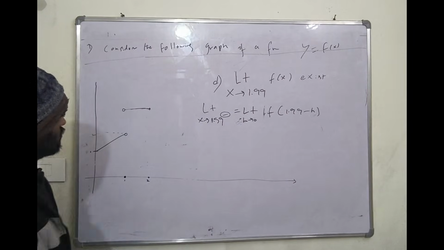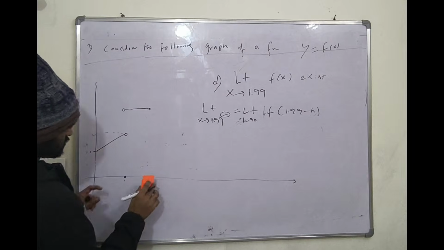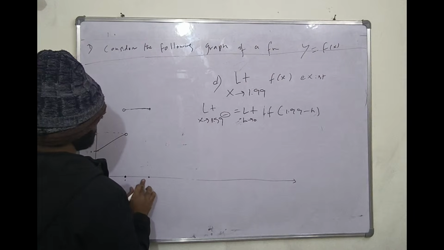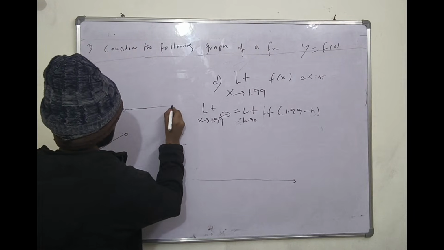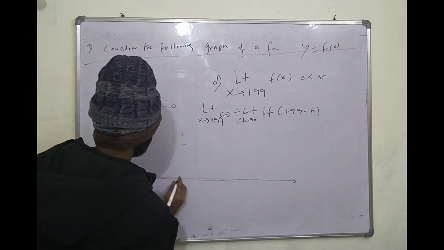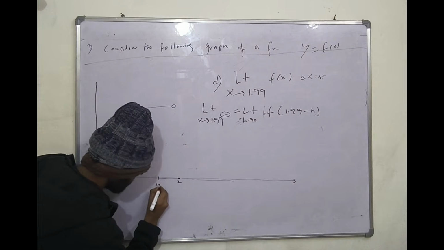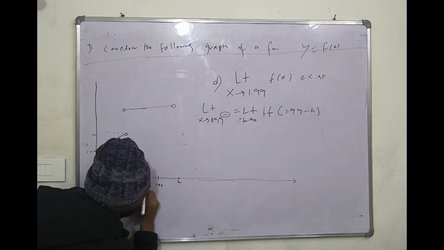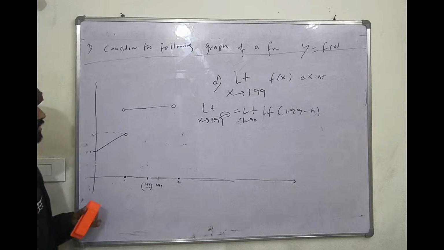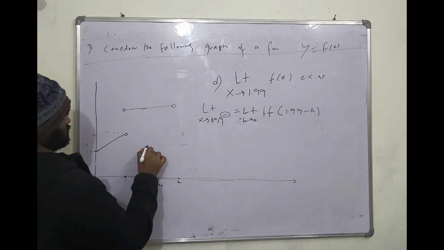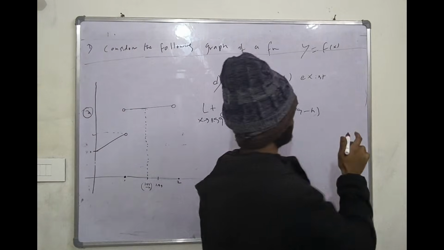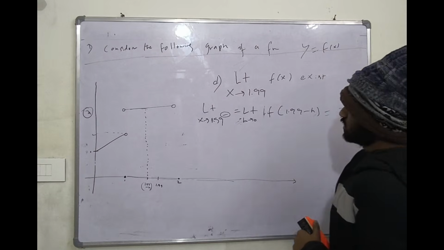Let's zoom this. Zoom a little bit please. This is 1.99. This is 1.99 minus h. So the corresponding y value is 3, so the limiting value is 3 as h is less than 0.